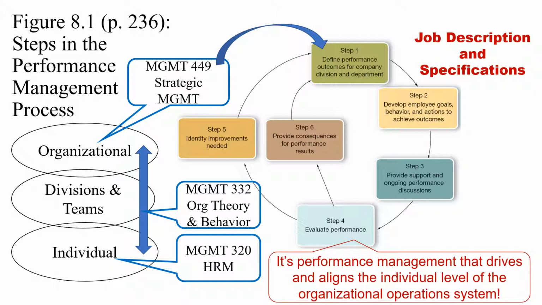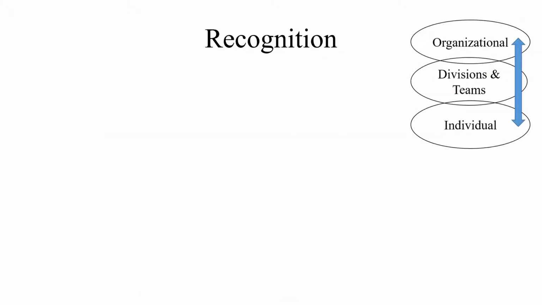It is performance management that drives and aligns the individual level of the organizational operations system. So it's extremely important that we constantly think of an integrated whole as our performance management process, and that we align our individual to our teams and organization performance objectives.